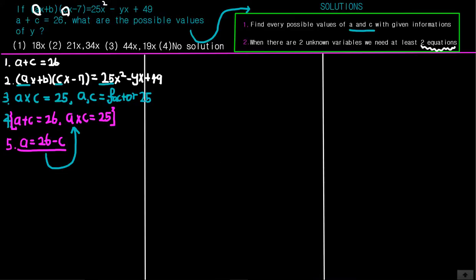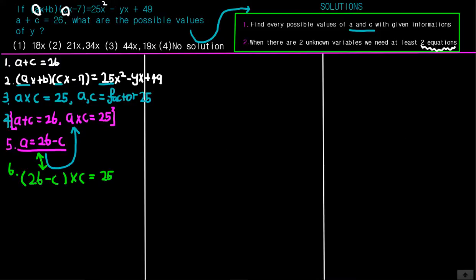That will be step 6. This 26 minus c replaces a, so we have 26 minus c, all of that times c, and that should be equal to 25.